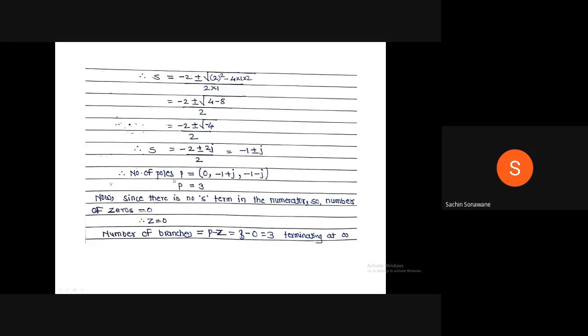Therefore the poles are 0, minus 1 plus j, and minus 1 minus j. Therefore, p is equal to 3. Since there is no s term in the numerator, the number of zeros z is equal to 0. Therefore, number of branches is equal to p minus z, which is 3 minus 0 is equal to 3, terminating at infinity.